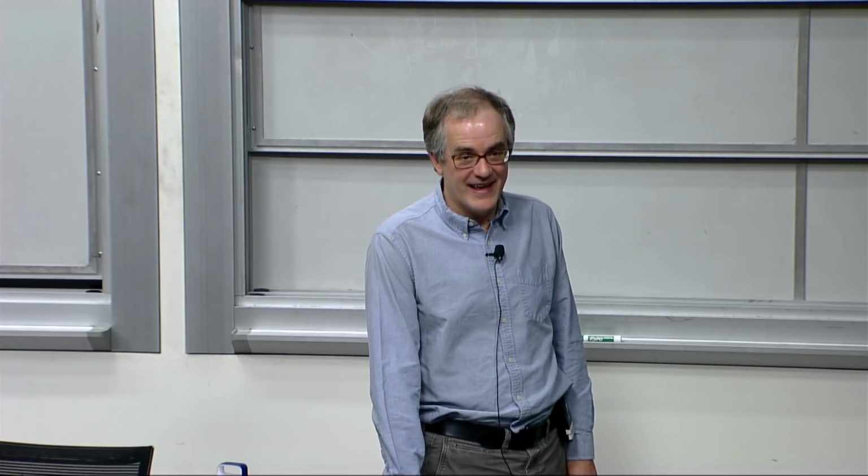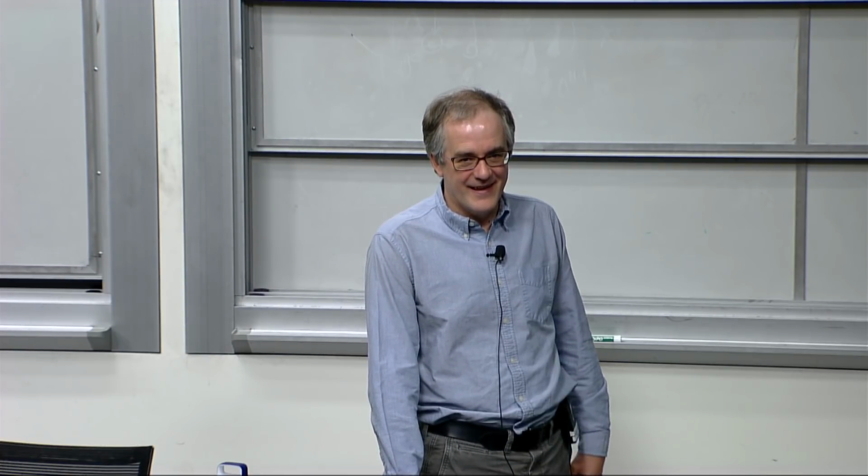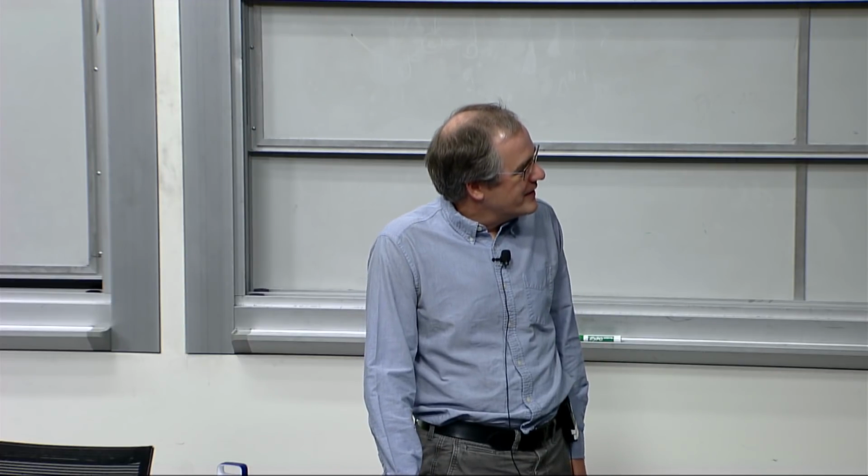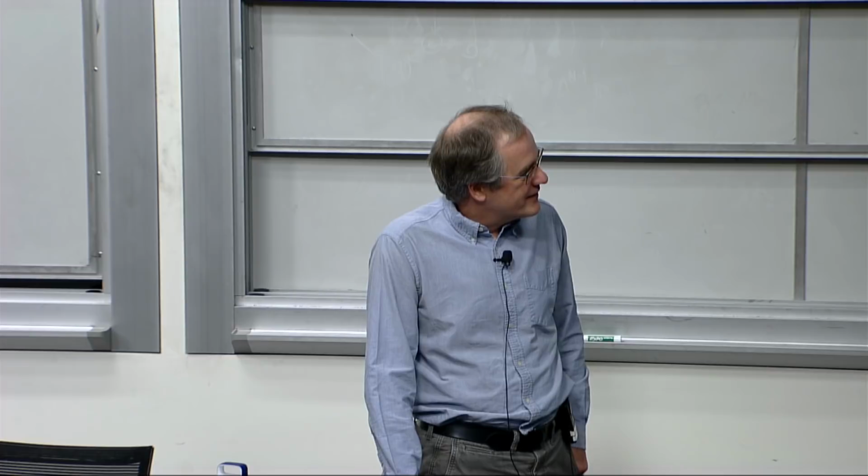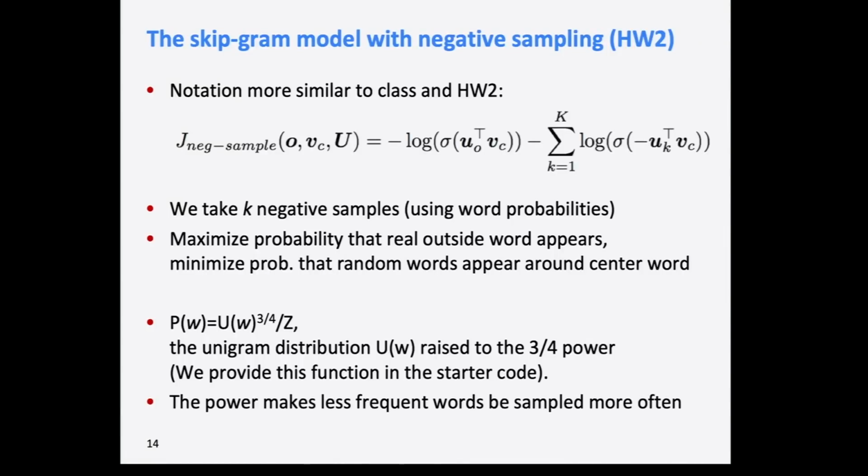Yeah? Was the 3/4 power chosen for any theoretical reason, or just because it seems to work in practice? No. That was also chosen as a hyperparameter that improved performance.